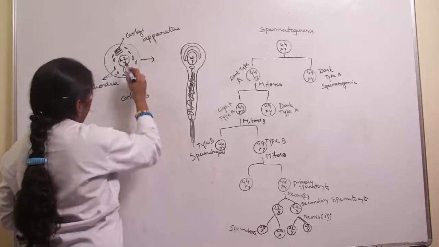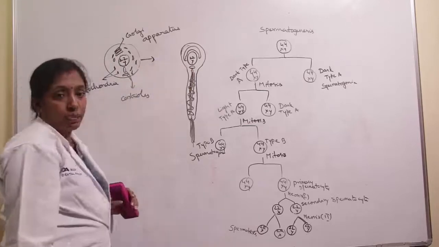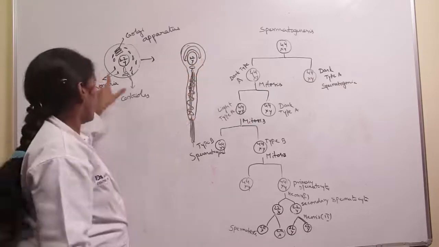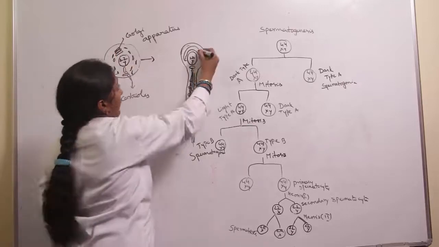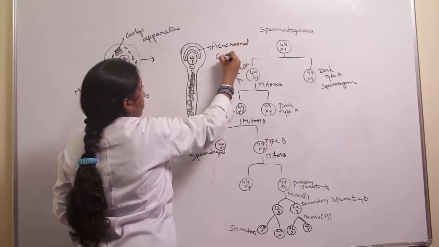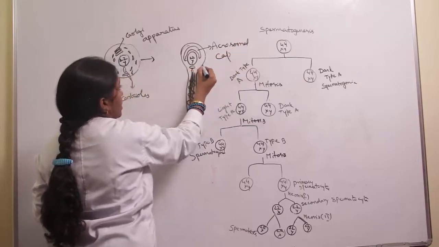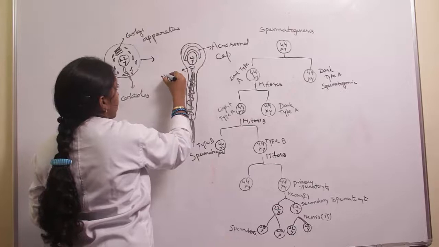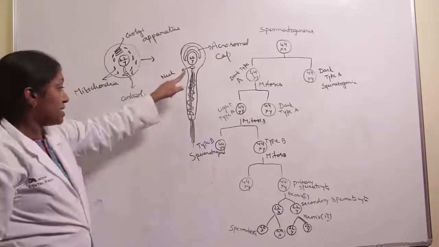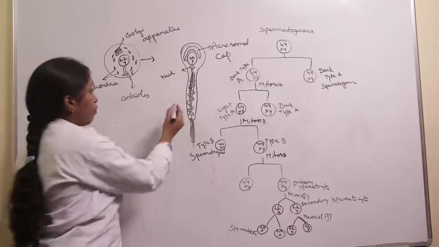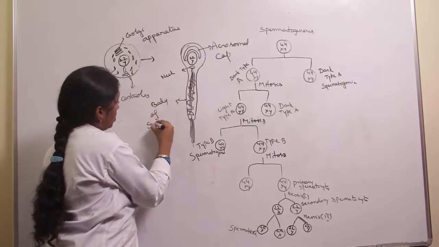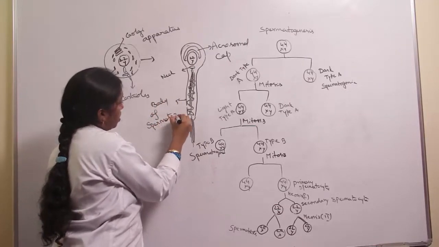So the nucleus forms the head of the spermatozoa, the Golgi apparatus forms the acrosomal cap, and the anterior centriole forms the neck. From the posterior centriole, axial filaments extend downwards and form the body of the spermatozoa.